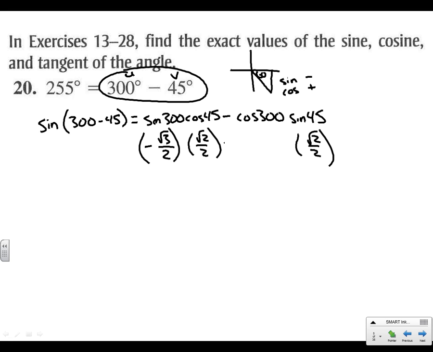And then the cosine of 300 is the cosine of 60, which is 1/2, and cosine is positive there. So we'll clean this up. We've got negative root 6 minus root 2 over 4. Pause that if you need to get it down. I'm going to erase it so we can do the cosine.